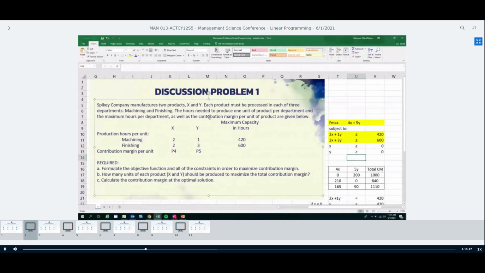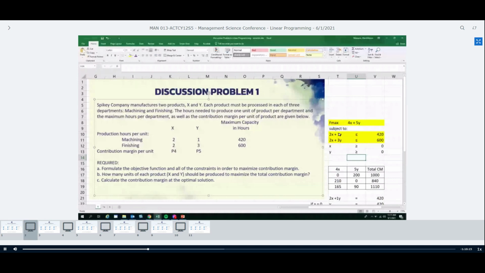No? Kasi nga we're working on scarce resource. So in this case, we only have maximum capacity in the production departments. So in machining, we have only 420. And finishing, we have 600 hours. So para bang sinasabi natin dito, si X requires 2 hours, si Y requires 1 hour.